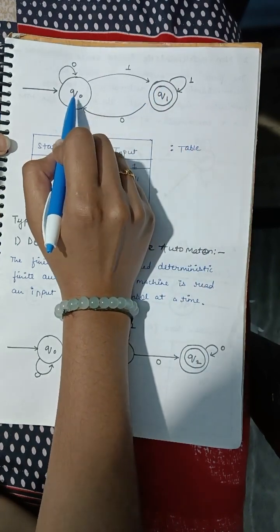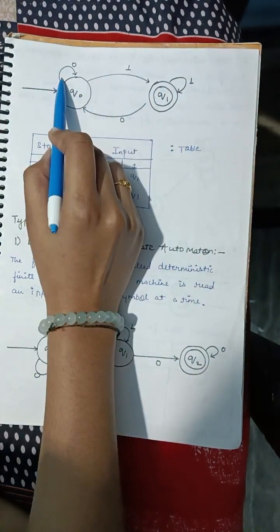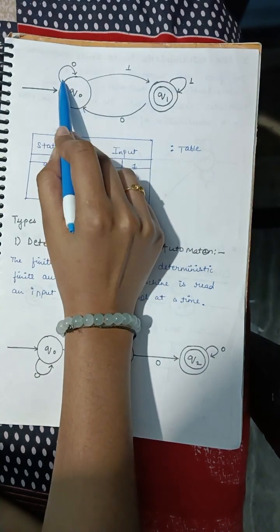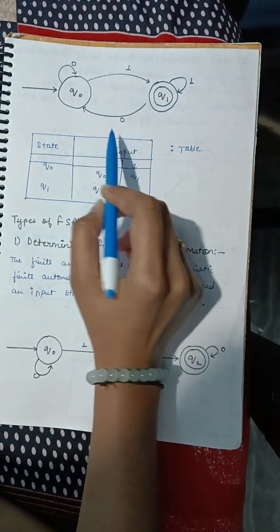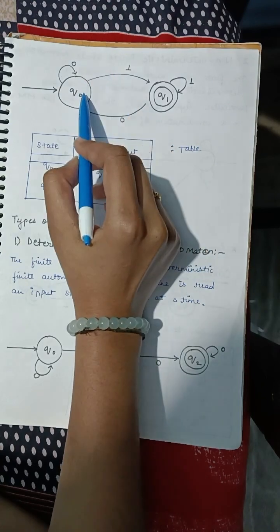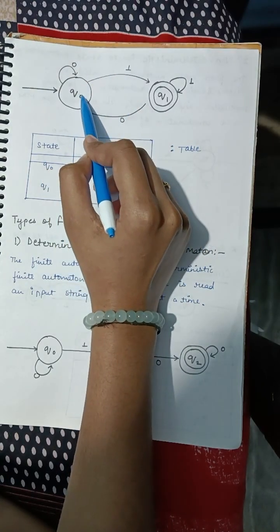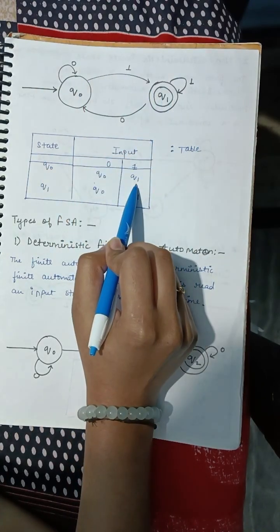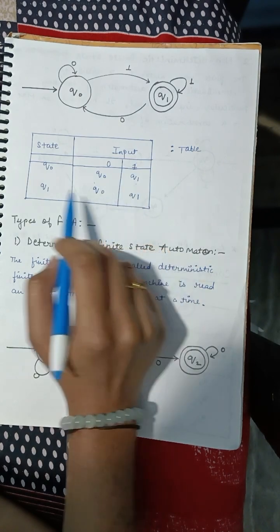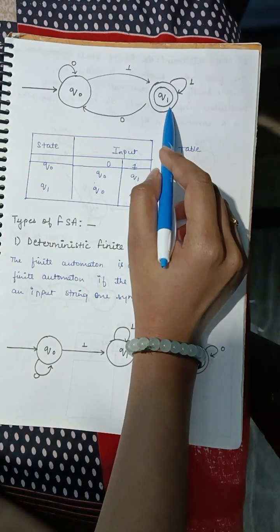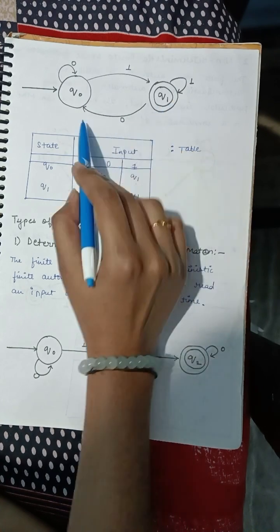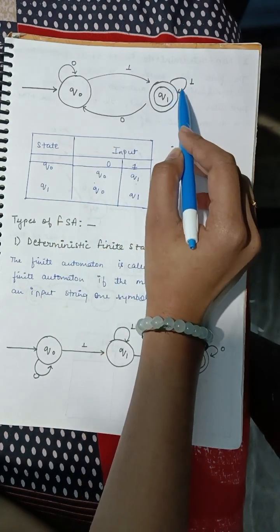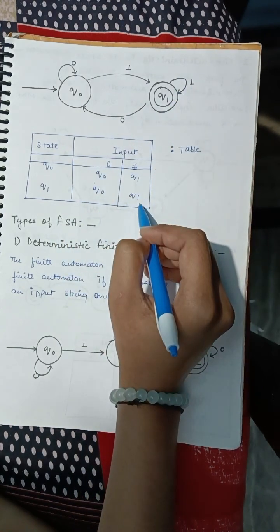At the input 0 the value is Q naught itself, and at the input 1 the value is Q1, because this arrow is passing from Q naught to Q1, as represented in this table. For Q1 the input value at 0 is Q naught, and at 1 it is Q1 itself.